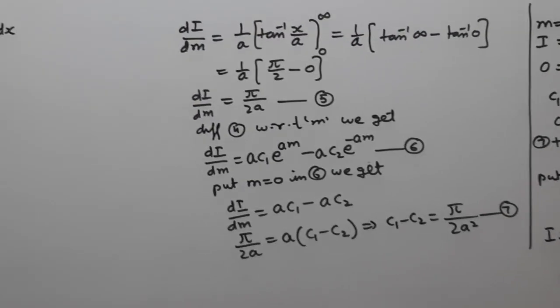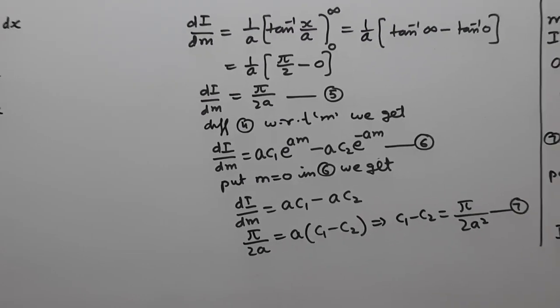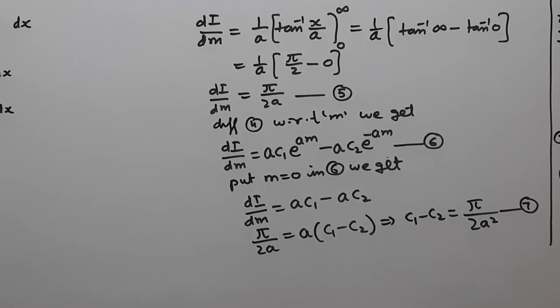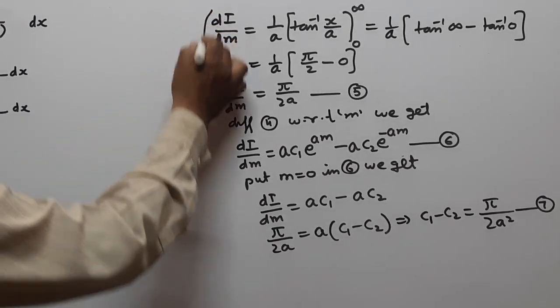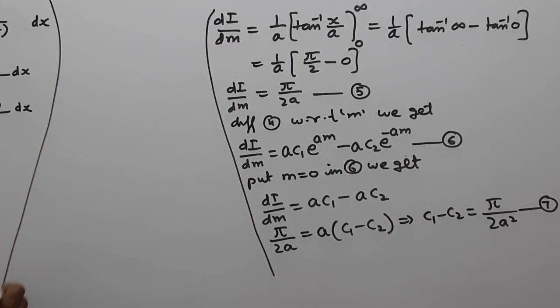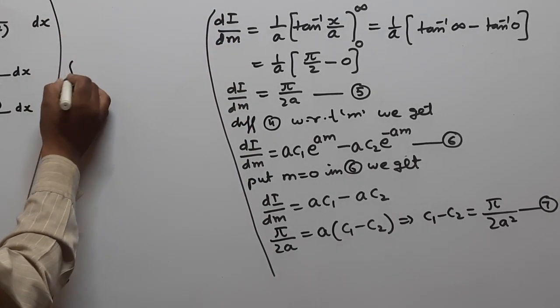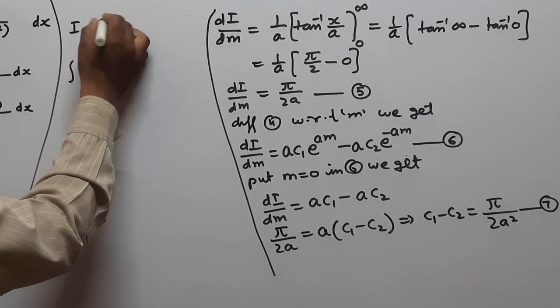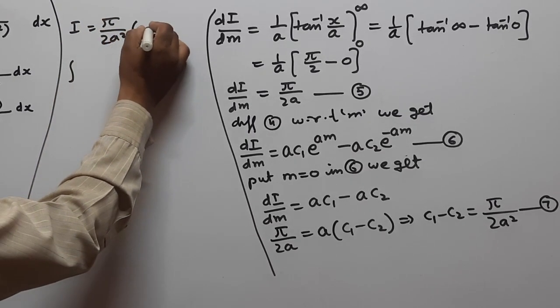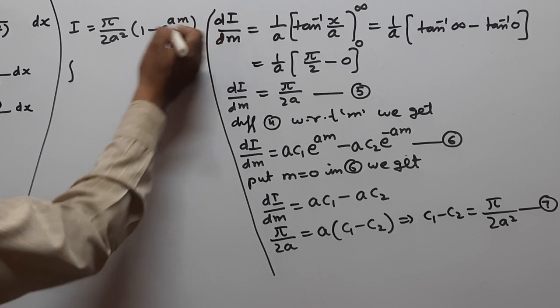Now you can see here the given integral, I is equal to pi upon 2a square times 1 minus e to the power am.